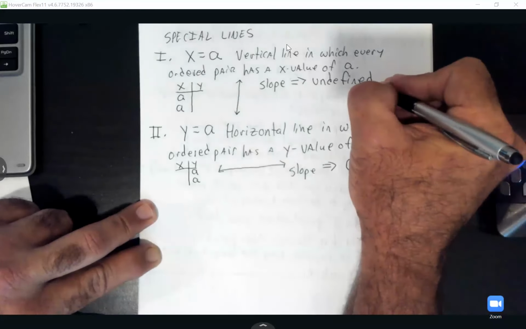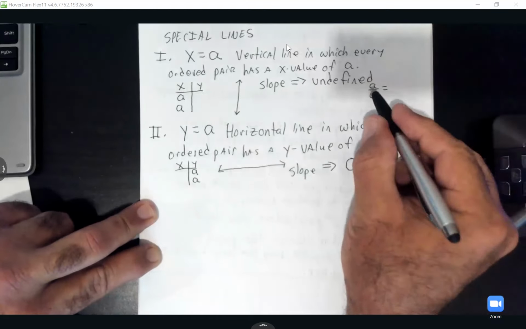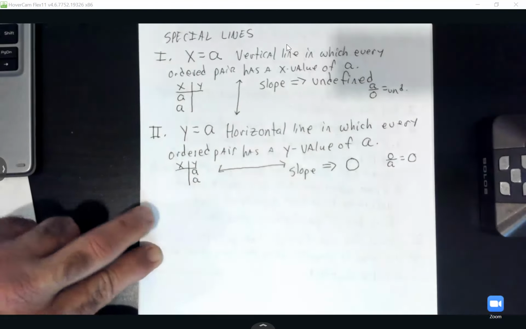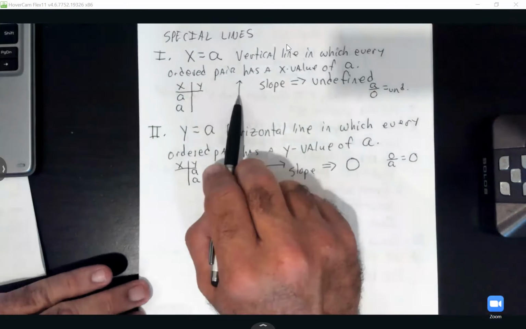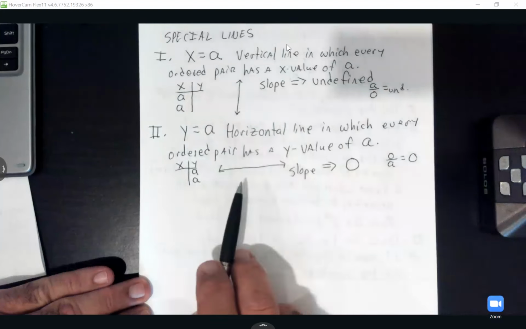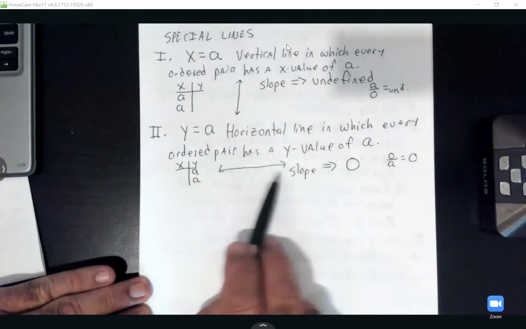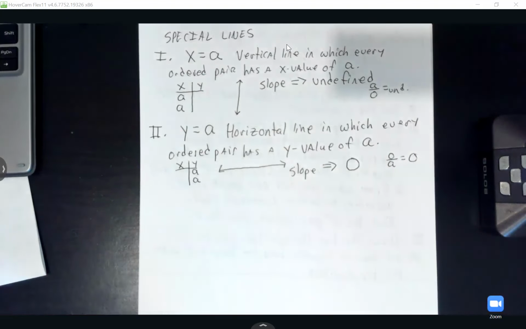What we can't have is a number divided by 0. Any number divided by 0 is undefined. Every vertical line will be undefined. Every horizontal line will be a slope of 0. That's like the floors we walk on. They're horizontal. And if you're walking on a level floor, there's no uphill or downhill. It's all 0 slope, okay?